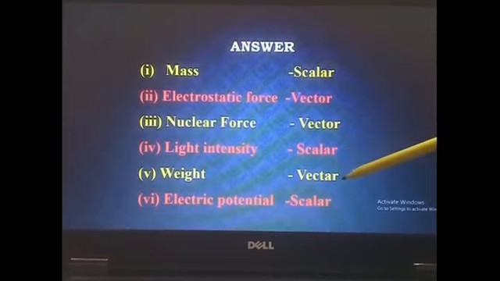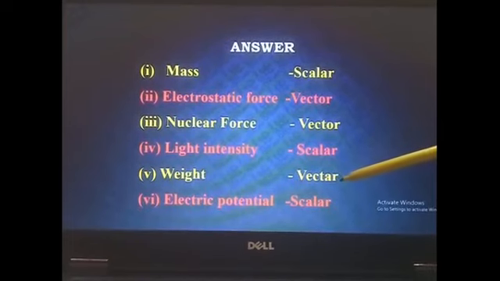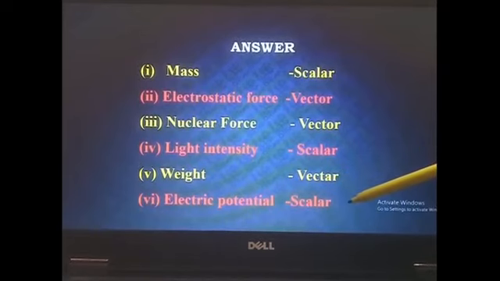Then we have weight. We know that weight is the product of mass and acceleration due to gravity. Gravity is having a particular direction, it pulls every object towards the center of the earth. So weight is a vector quantity. Then we have electric potential.